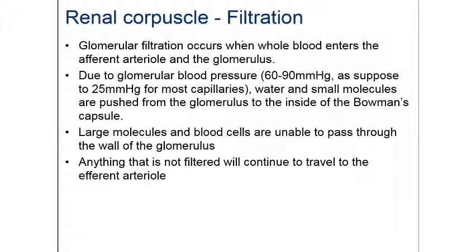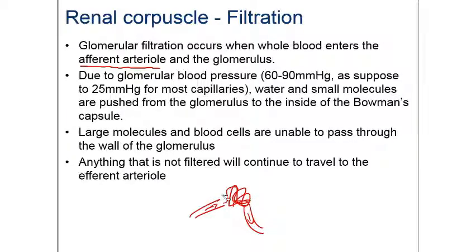So let's quickly talk about what happens at the filtration steps. Glomerular filtration occurs when the blood goes into the glomerulus through the afferent arteriole. Remember, this is your afferent arteriole, and then it's going to become the glomerulus, which then comes out as the efferent arteriole.